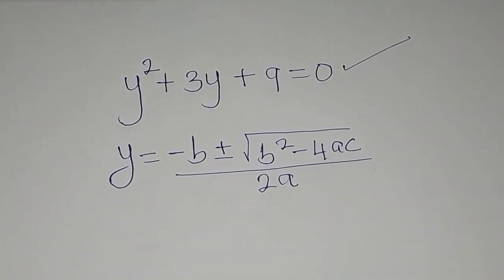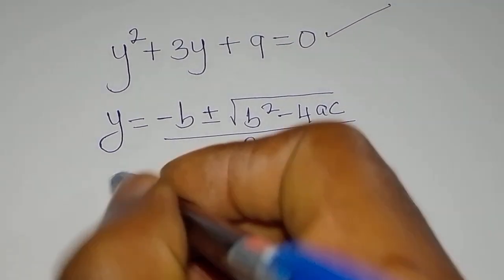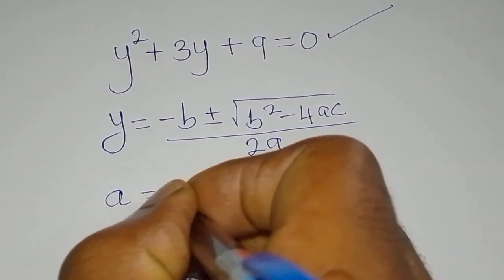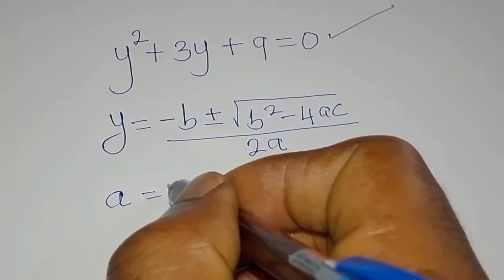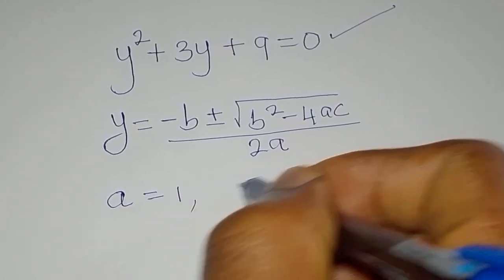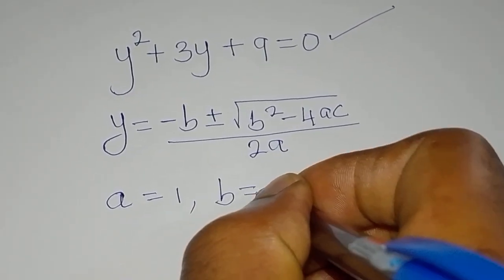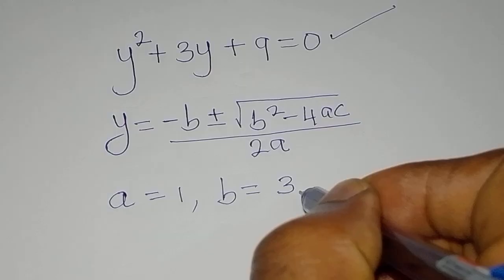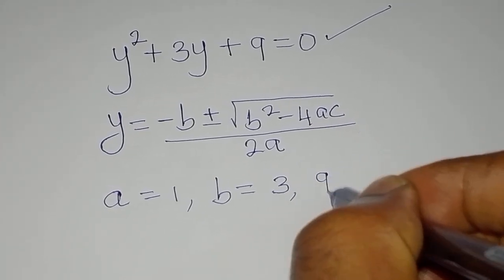So now let's get our a, b, c. A is the coefficient of y squared, that is 1. B is the coefficient of y, which is 3. And C is a constant, which is 9.